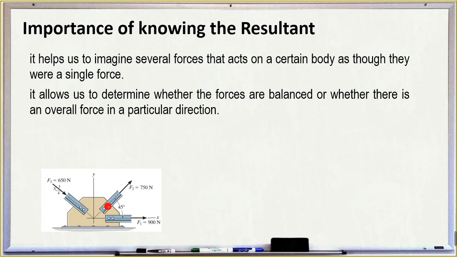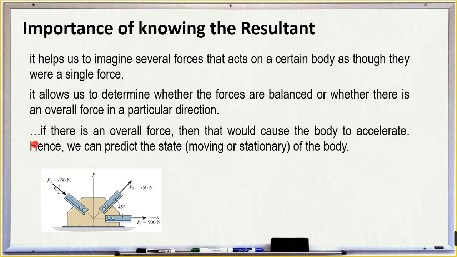Because if not, then there is a tendency for your structure to move. In a structural aspect, movements are not allowed because they would cause failure. So we need to see if an unbalance is happening. If there is a resultant, then the system is unbalanced.